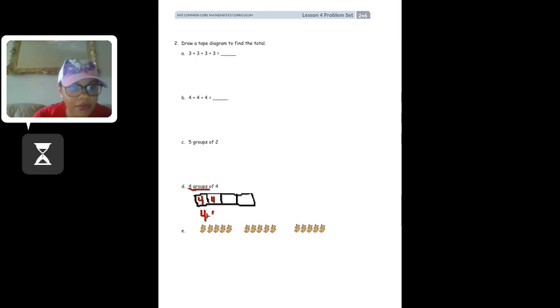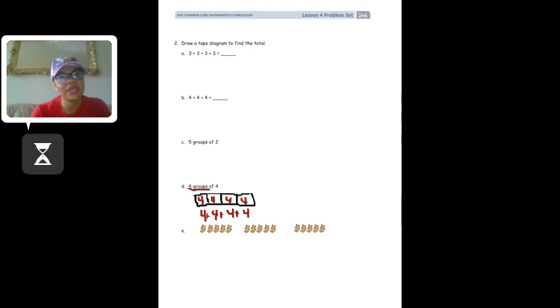So I'm going to bring it down and do 4 plus 4. Good job. And then we're going to add another 4 because we're doing 4 groups of 4. So I'm going to put 4 inside of my tape diagram and bring that 4 down as well. And then we have one more blank left. And what's going to go in that? 4. Good job.